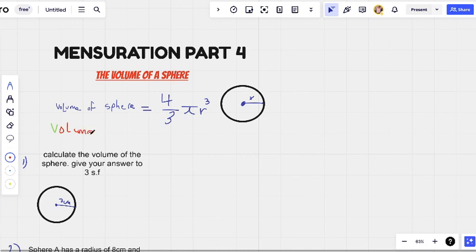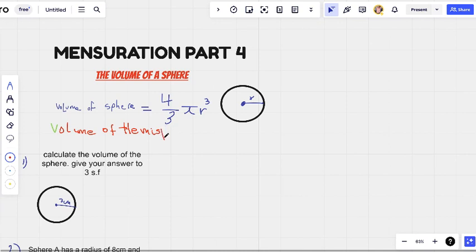You're going to slice it into 2 equal halves. So for hemisphere, we say volume of hemisphere, which means half of a sphere. So when we say volume of hemisphere, we are simply dividing the volume of a sphere by 2.